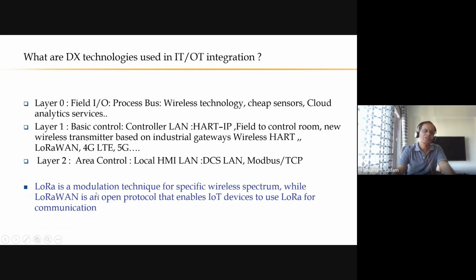In the college level, most of the students are doing projects on LoRaWAN. LoRa is a modulation technique for a specific wireless spectrum, while LoRaWAN is an open protocol that enables the IoT device to use LoRa for communication. This is also popular in the industry now for SCADA applications and all.